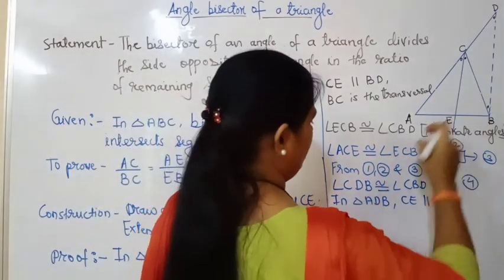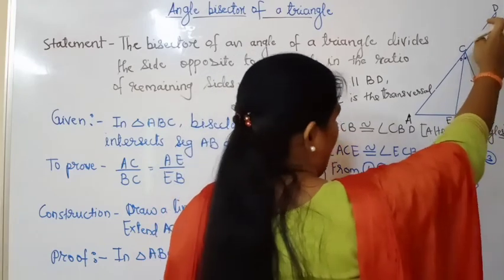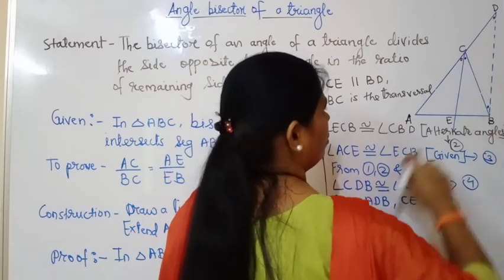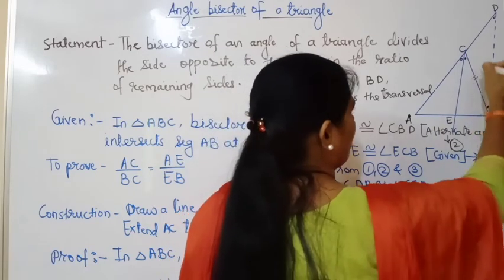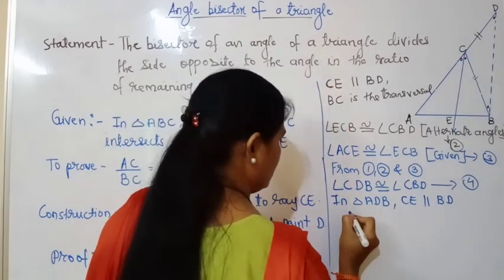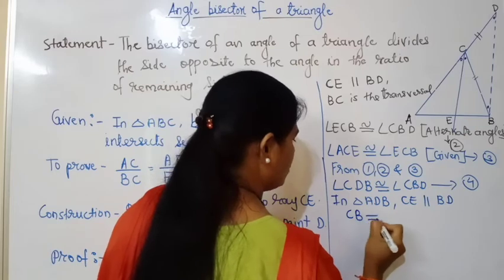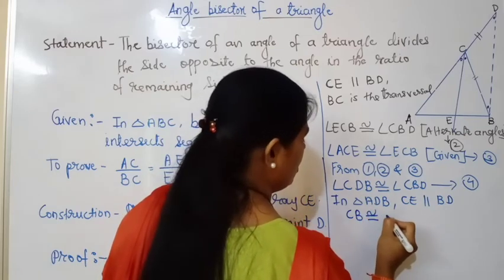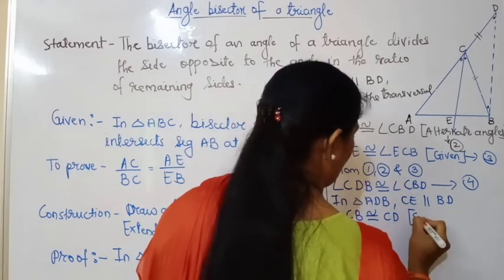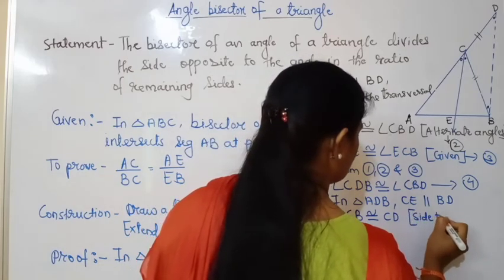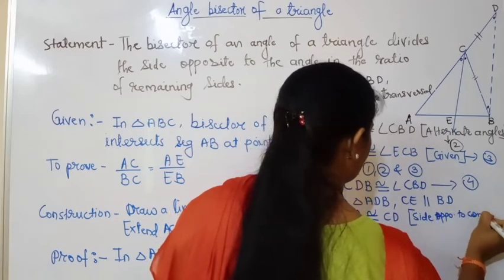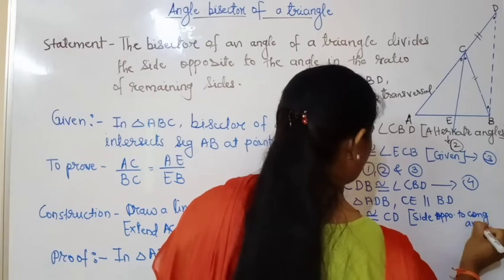CDB means this angle and CBD means this angle. As these two angles are congruent, these two sides will be congruent. Which are those two sides? The side CB is congruent to CD. We can write the reason as side opposite to congruent angles.